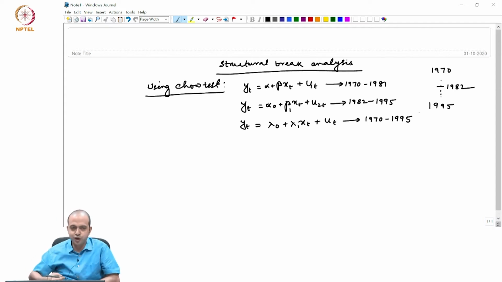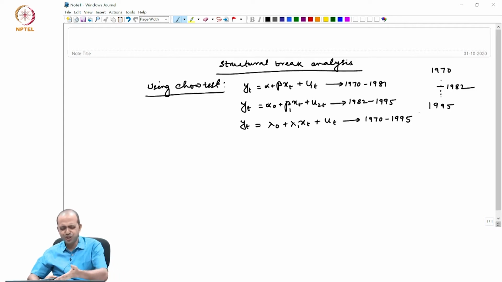So, one for the pre-recession, another for post-recession, and the third regression is for the entire period, and we were checking the stability analysis, whether the parameters alpha equals alpha 0 equals lambda 0, or beta equals beta 1 equals lambda 1, that is what we are testing.